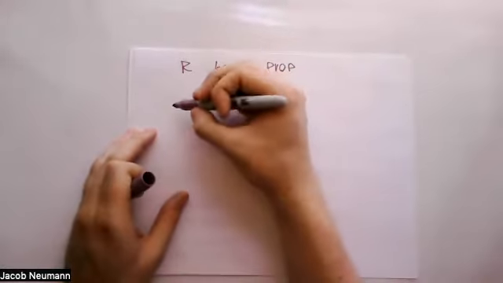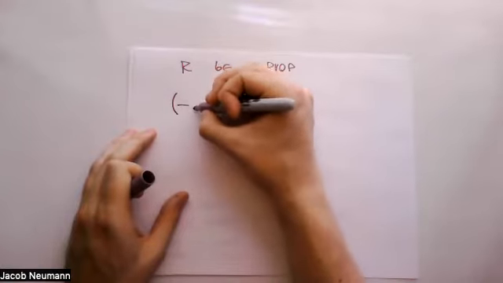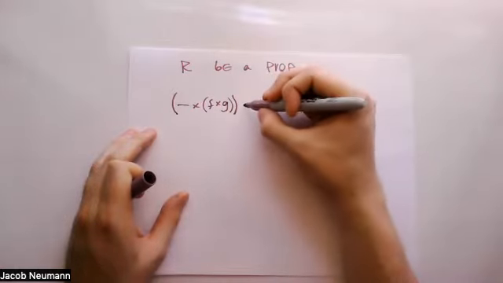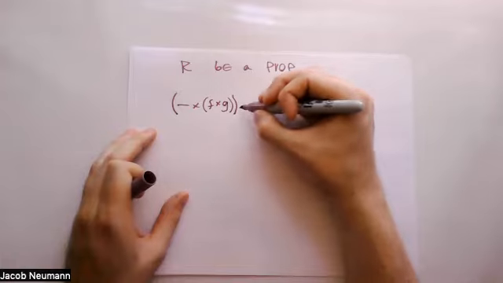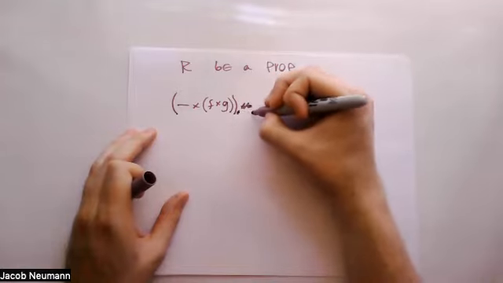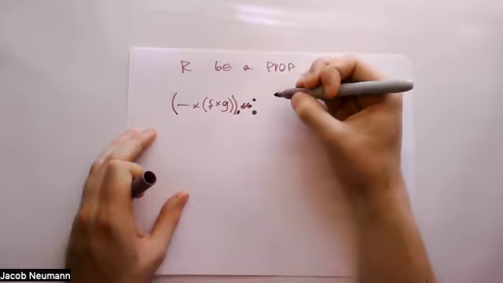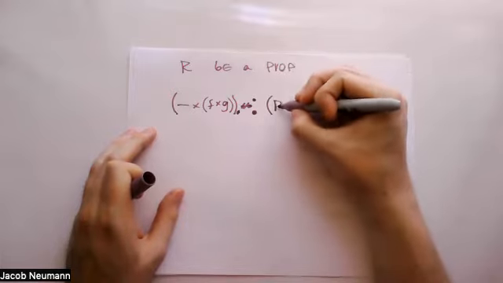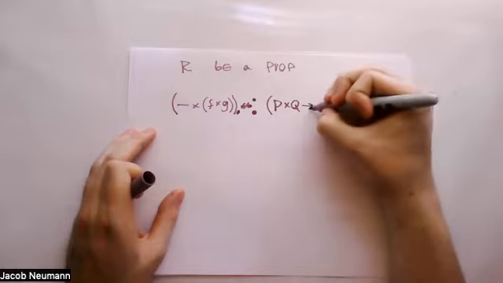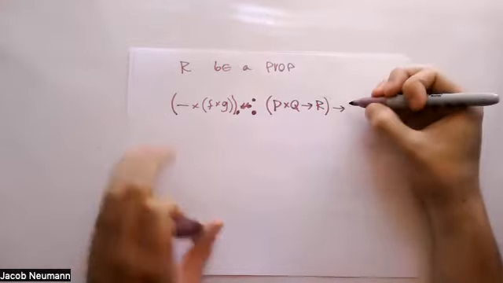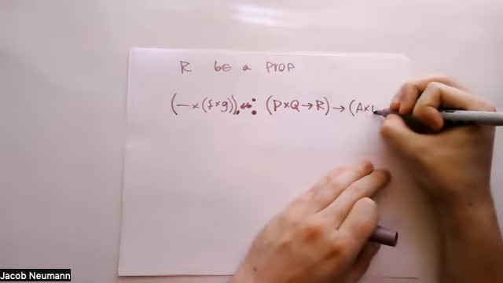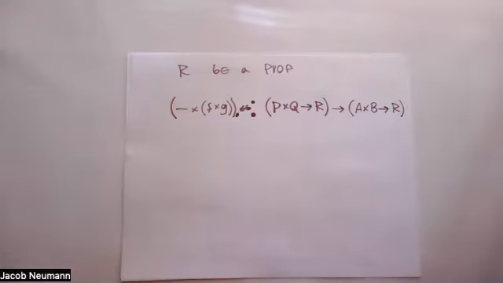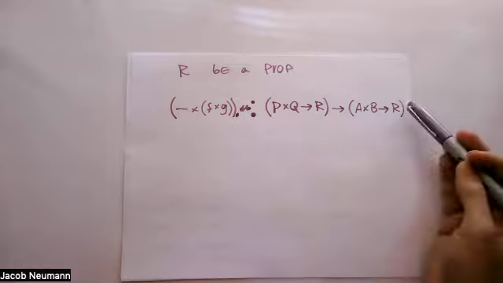And so then we have precomposition by F times G. That takes a map from P times Q into R and turns it into a map from A times B to R. And so we want to construct an inverse for this.